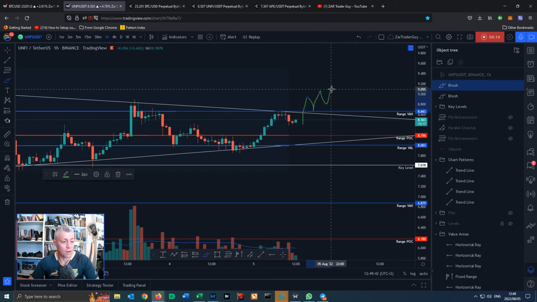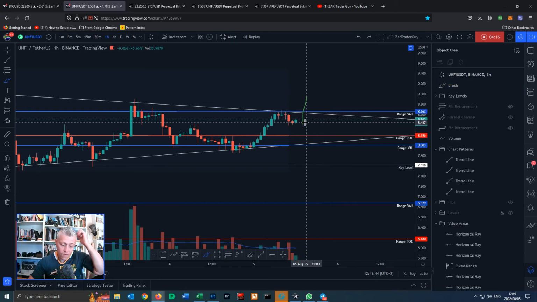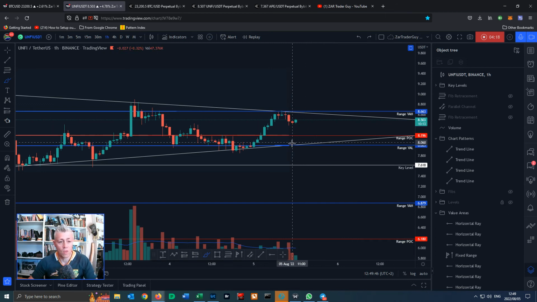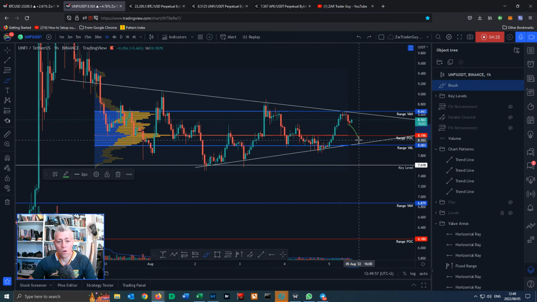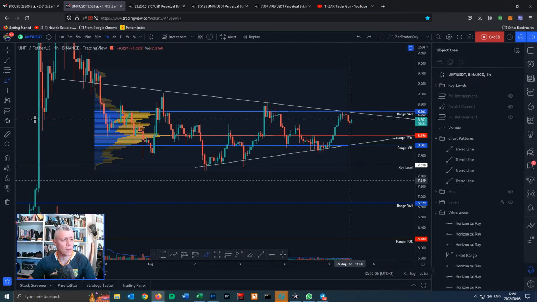What could happen as well is a swing failure pattern to the bottom of this range, where it coincides with this lower trend line. If we come down and wick below it and come up and retest this again as support, that could be an area for the long to happen.